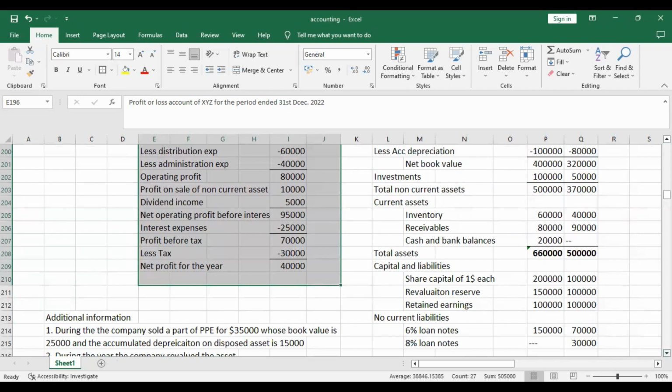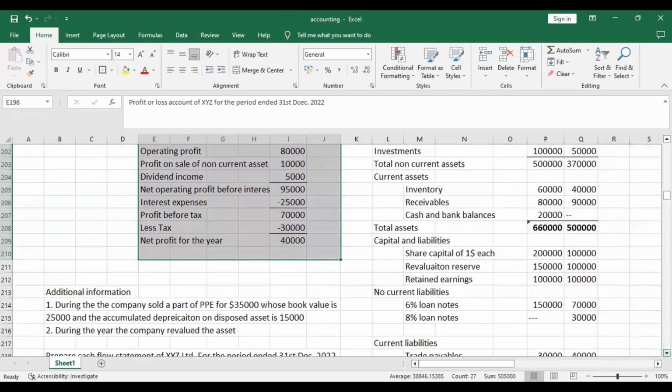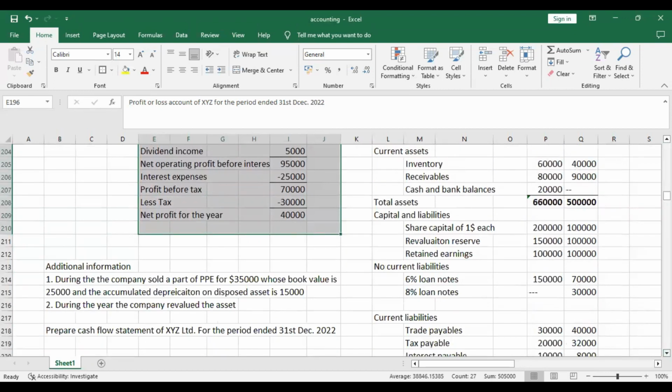They have given two pieces of information. One is that during the year the company sold a part of the PPE for 35,000, whose book value is 25,000, and the accumulated depreciation on the disposed asset is 15,000. During the year the company revalued the assets.